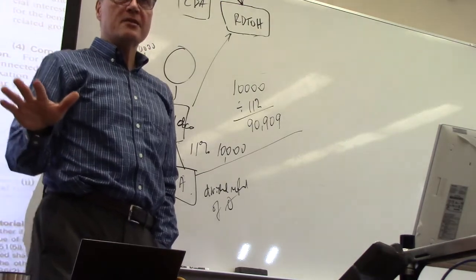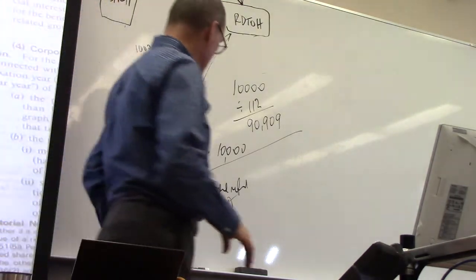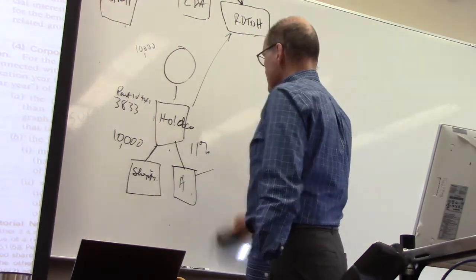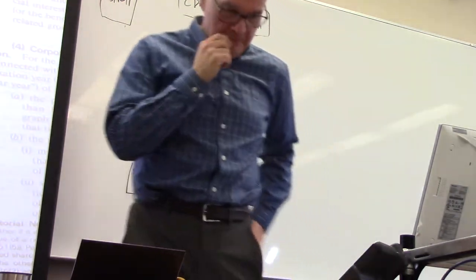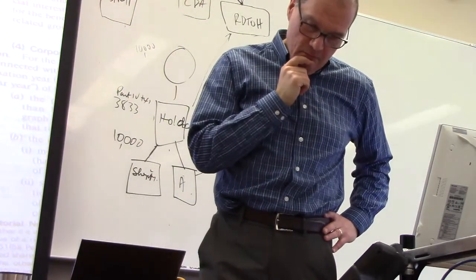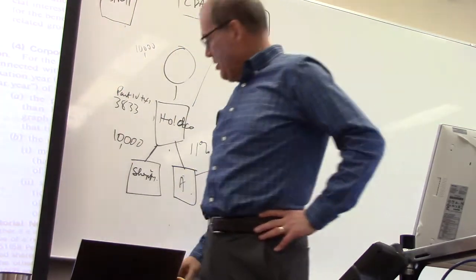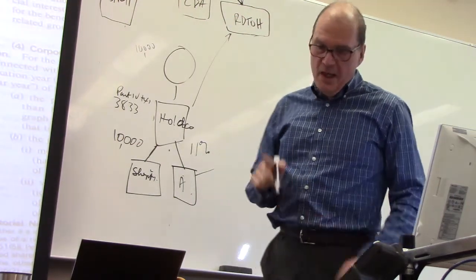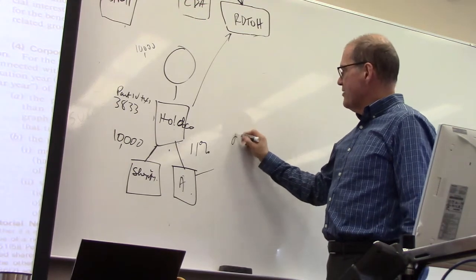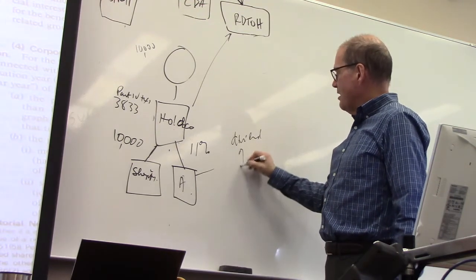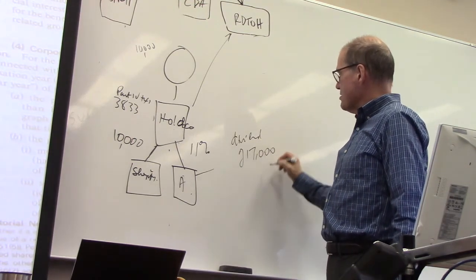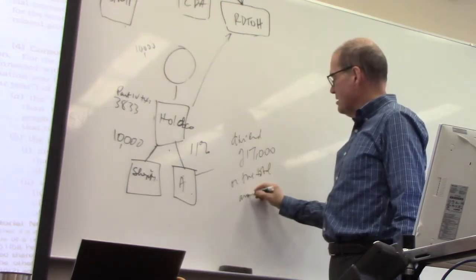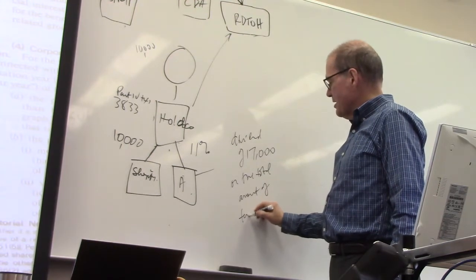So here's a set of facts that you might see on an exam. Holdco received a $10,000 dividend, and this company got a dividend refund of $17,000 on the total amount of taxable dividend paid.